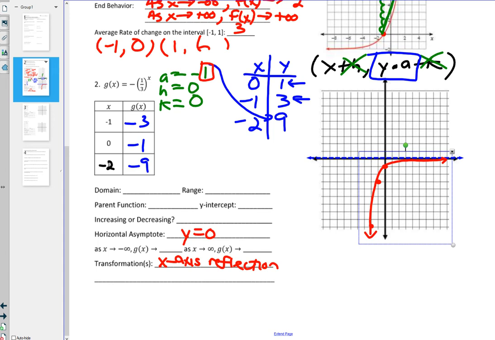Shobi, domain. Good. Ryan, this is your favorite here, range. What is the range of that function? Okay, range. When we talk about range, is how low, how high?